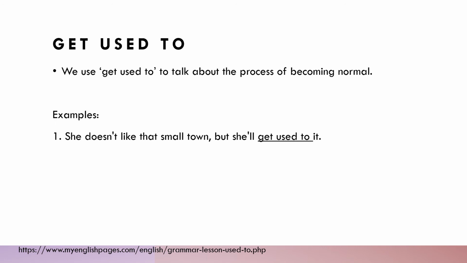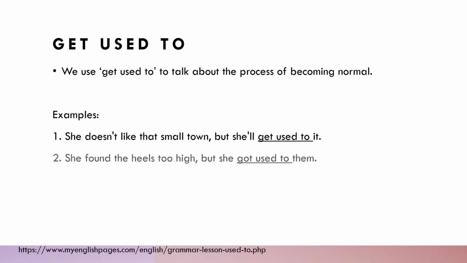The first example: she doesn't like that small town, but she will get used to it. So here, get used to means that this is the process that sooner or later she will become used to living or staying in a small town. So when we have get used to, it means she is in the process of becoming normal, living in a small town.